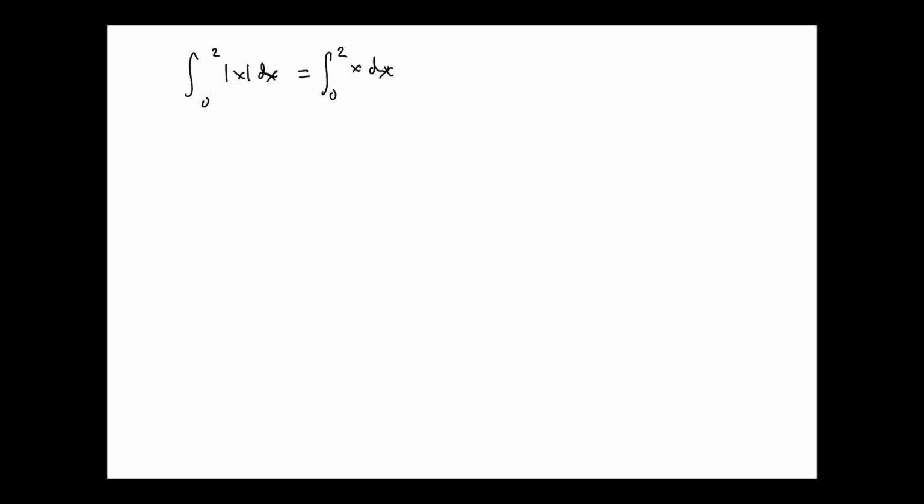Well, what is the slope of x from 0 to 2? The slope's 1, and so what's this area? It's 2, right? Base times height over 2, just like before. Okay, and so we just get 2 there.